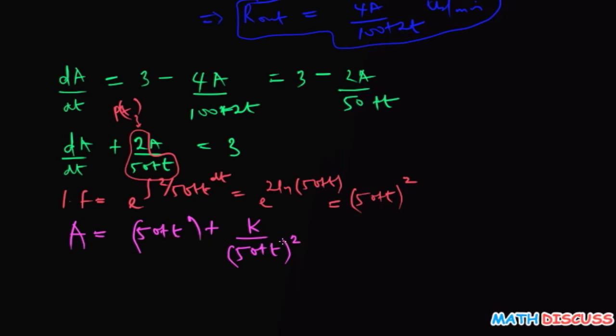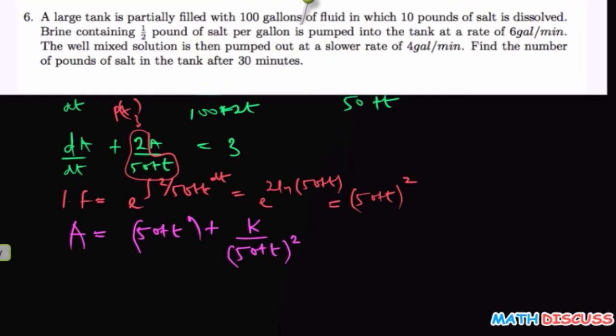And then the initial condition we were given, we're told in the question, it says the large tank in which 10 pounds of salt is dissolved. So that is the original amount, the quantity of salt in the tank originally, at time t equals 0. So we are going to use that information to find what we want to find.